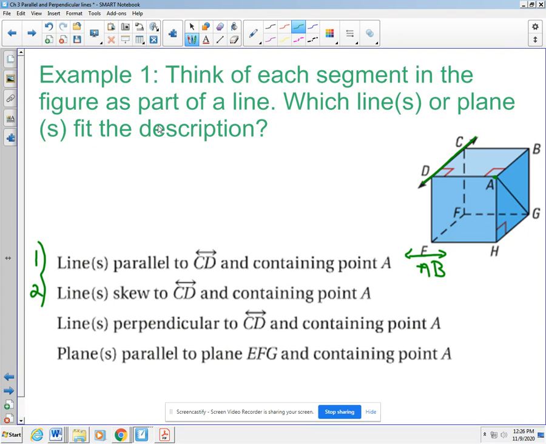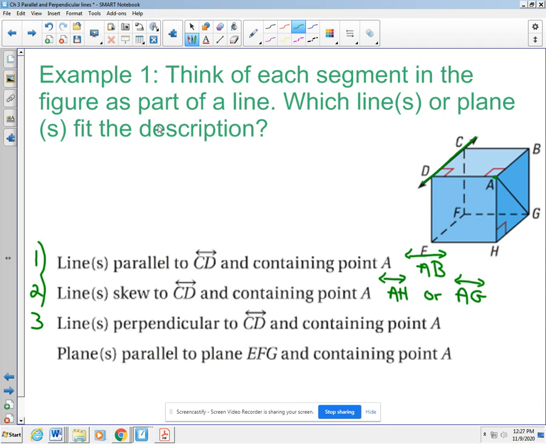By definition, skew lines do not intersect and they are not coplanar. In this case, I can give you two answers. It could be AH or you could also say AG. So here I have two different lines.